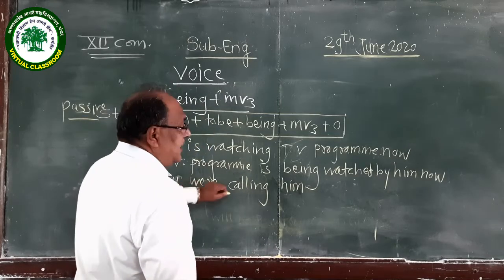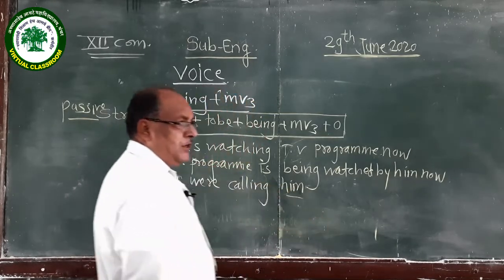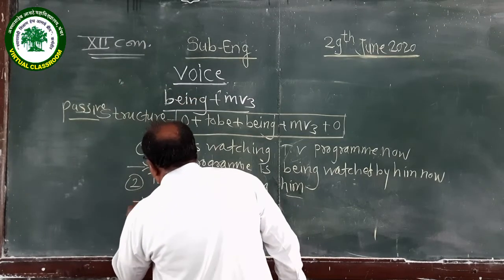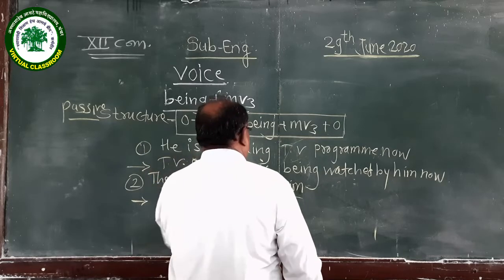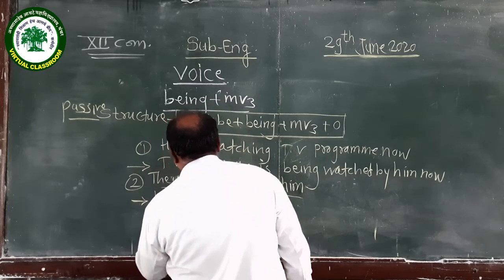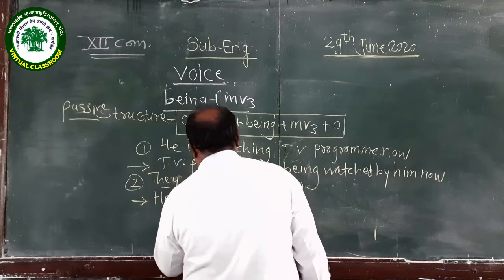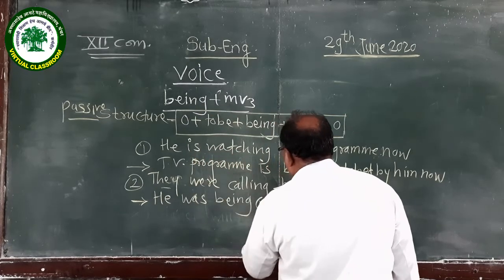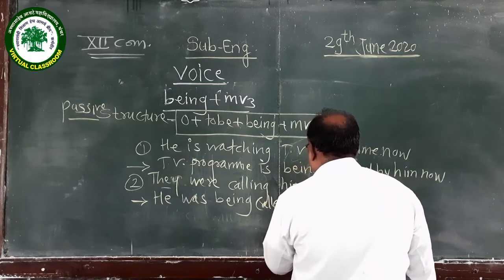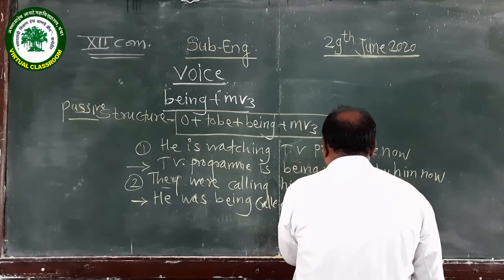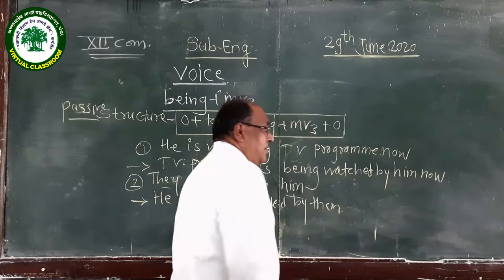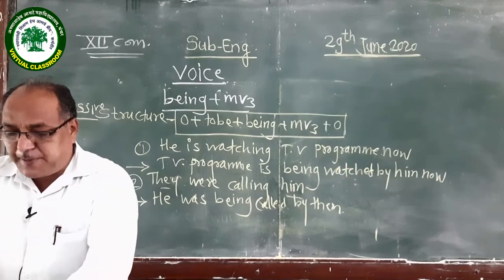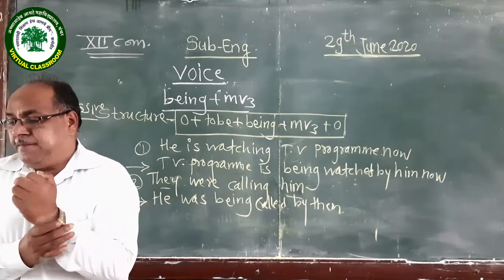They is the subject, were calling the verb, him the object. The object is here, make him the subject, that is, he was being called by them. So in this way we should change a continuous past tense sentence into the passive form.